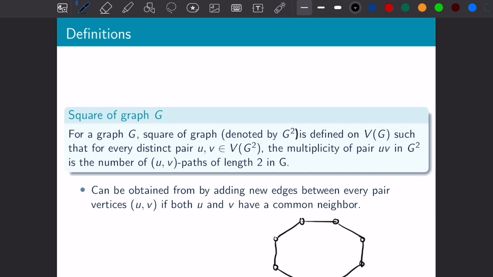The original graph is G. Then in G square, we will have the same graph, that is this one. But in addition to this, we will have edges between every pair of vertices which have a common neighbor in the original graph, that is G. So the additional edges will be like this.